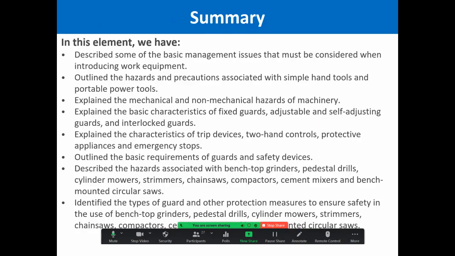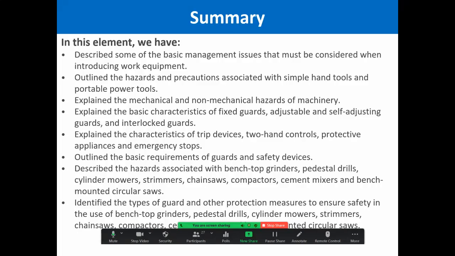Okay, so this is the end of element number 9. In this element, we discussed the basic management issues that must be considered while introducing new equipment. We discussed the hazards and precautions associated with hand tools and power tools. We also discussed the mechanical and non-mechanical hazards of machinery. We discussed the basic characteristics of fixed guards, adjustable and self-adjusting guards, and interlock guards as well.